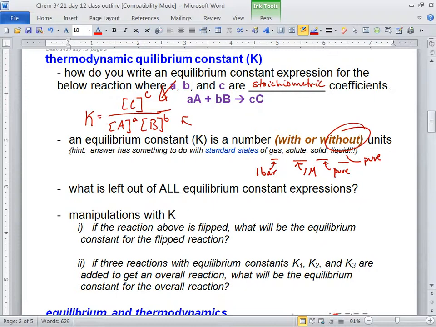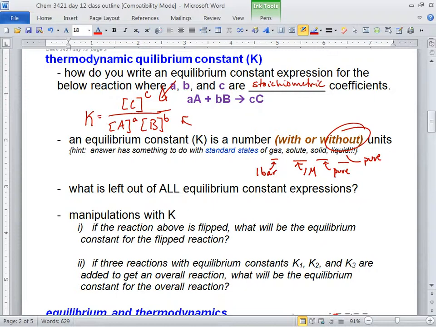So the units had better be big M, because whatever the concentration is, we're really dividing it by 1 M. And we never bother doing this. If we have a gas in our equilibrium constant expression, you plug in the pressure of that gas, and it had better be in units of bars, because you have to divide it by 1 bar. So the units always end up canceling.